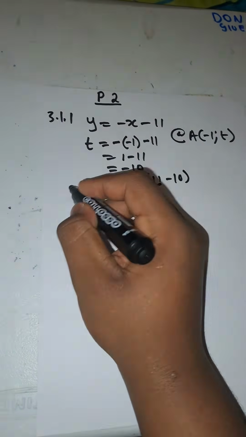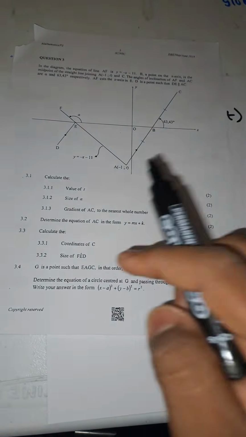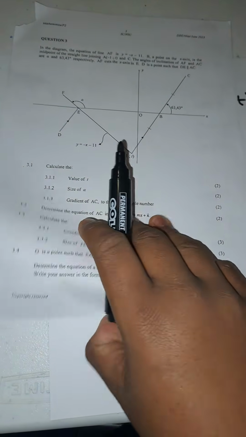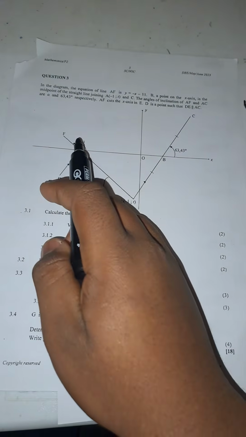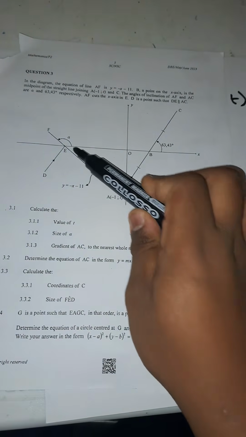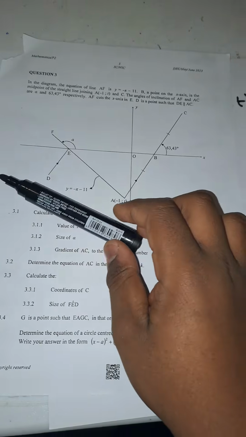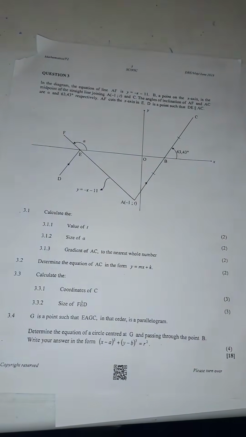Sharp. So number 3.1.2, they are asking for the size of alpha. Where is my alpha? It is here. As you can see now, this is a negative gradient, because my line is decreasing.